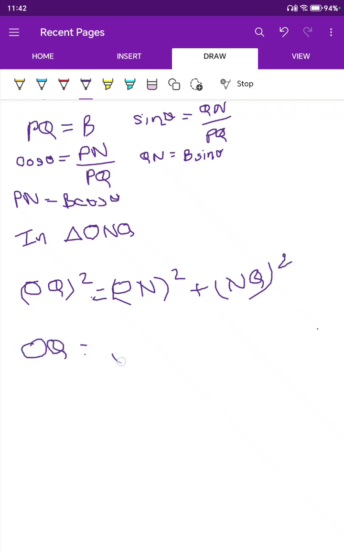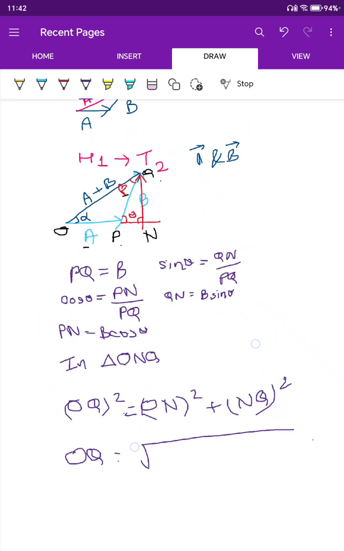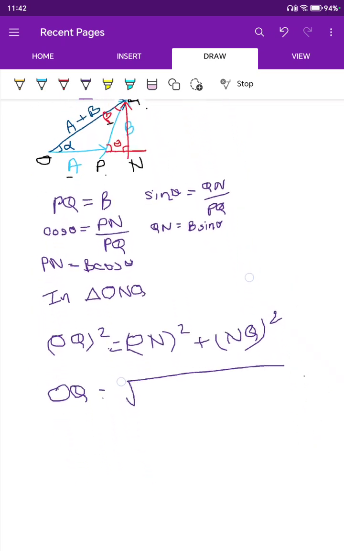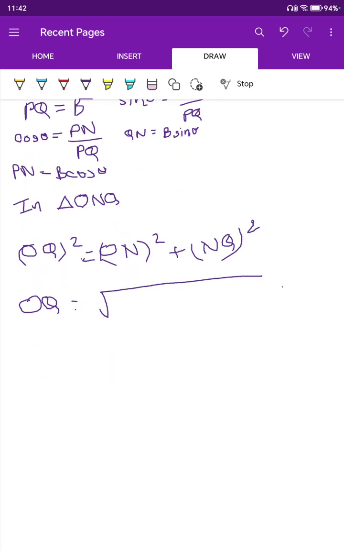OQ equals root of ON, ON is equal to A plus PN, and PN equals B cos theta, we have written, right. So A plus B cos theta, whole square, plus B sin theta square.